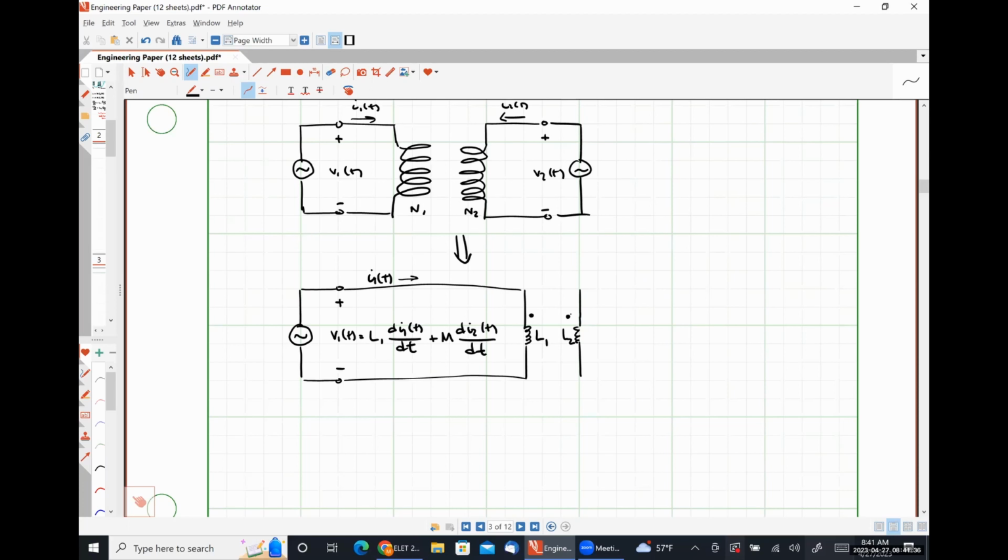And now I'm drawing the other side of the circuit in the same way. So this is going to look like L2 di2 by dt plus M di1 by dt is equal to V2, like so.